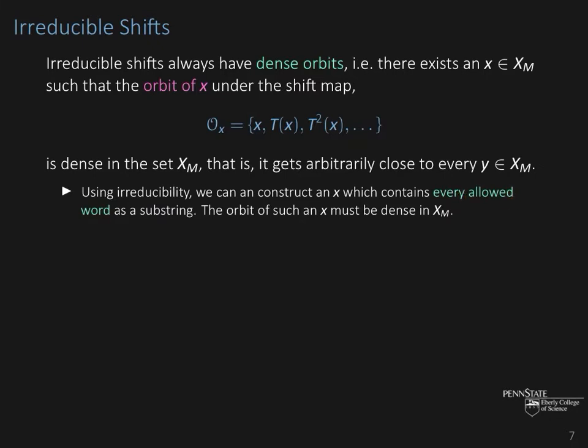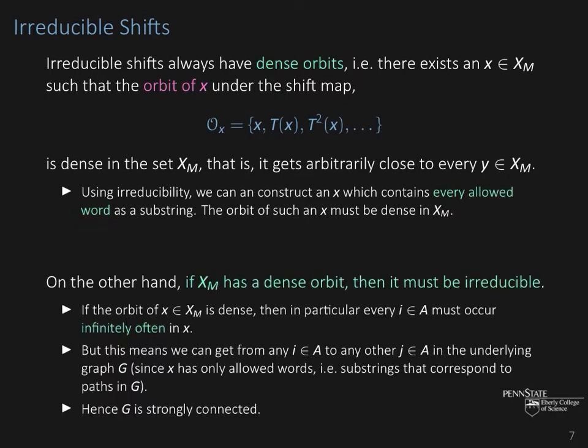In my construction of x up to the point where I currently am, I'm in a certain state, but now I need to get to a state where I can start this allowed word. But this is possible because I have irreducibility. So I can just go to that node where I can start this allowed word.